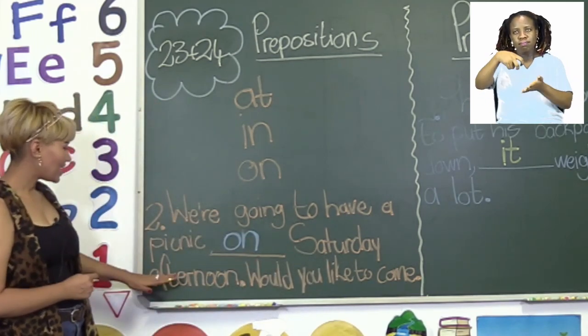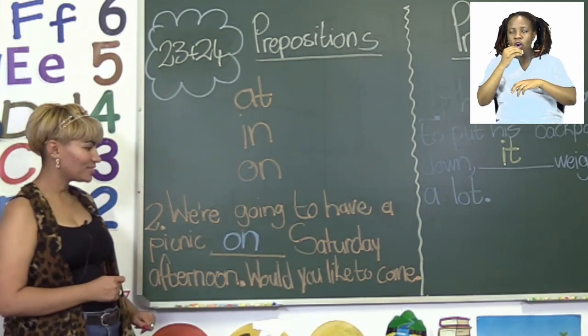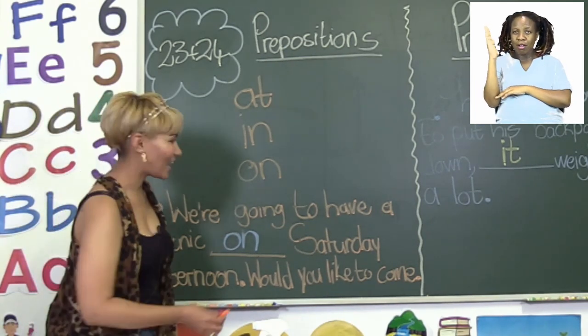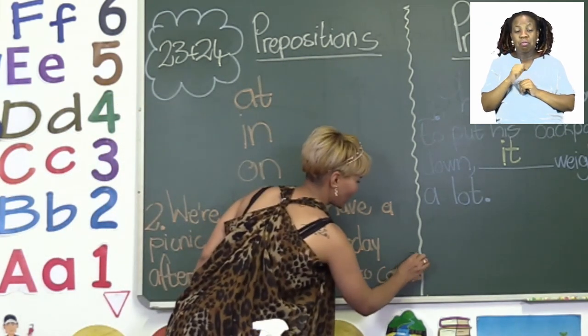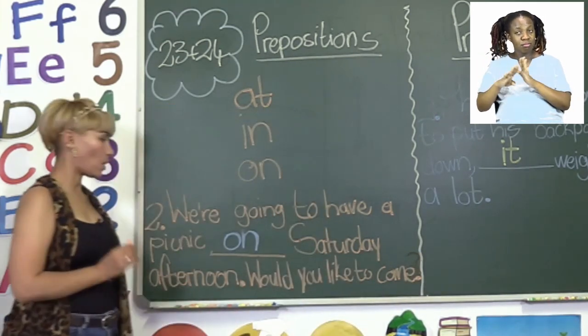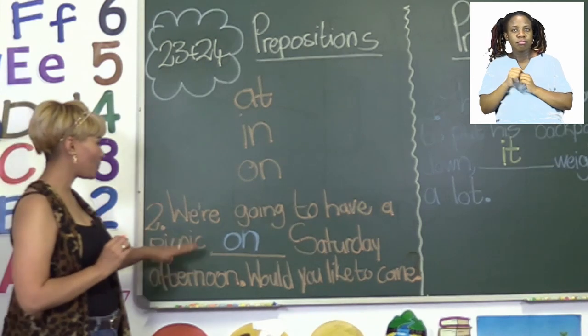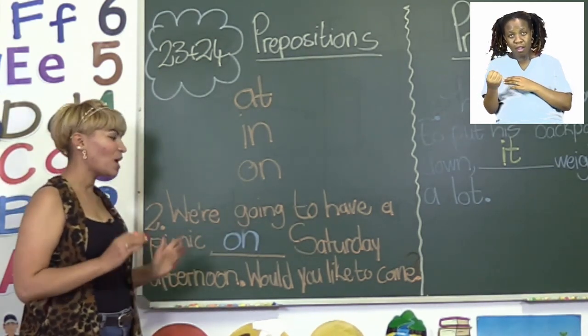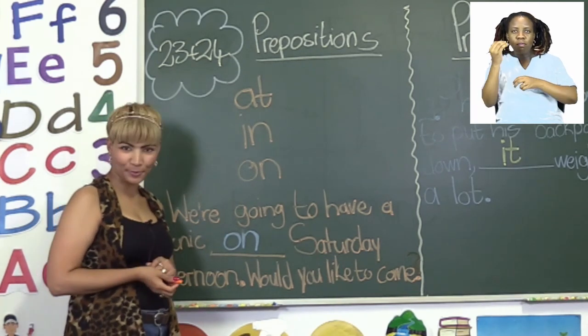All right, Saturday afternoon. And then the next part of the sentence reads, would you like to come? So over here we have to make a question mark. All right, so our sentence reads one last time. We're going to have a picnic on Saturday afternoon. Would you like to come?